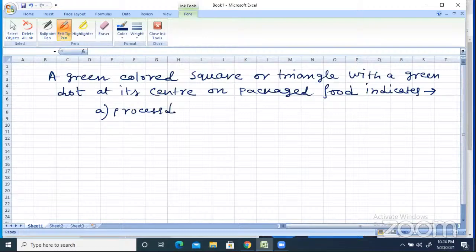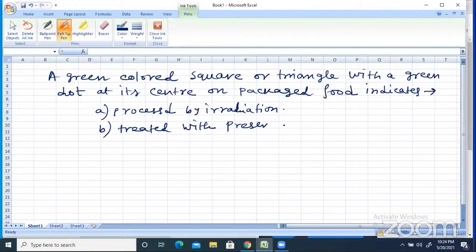Vegetarian, obviously, is the correct answer, and these are non-meat food.